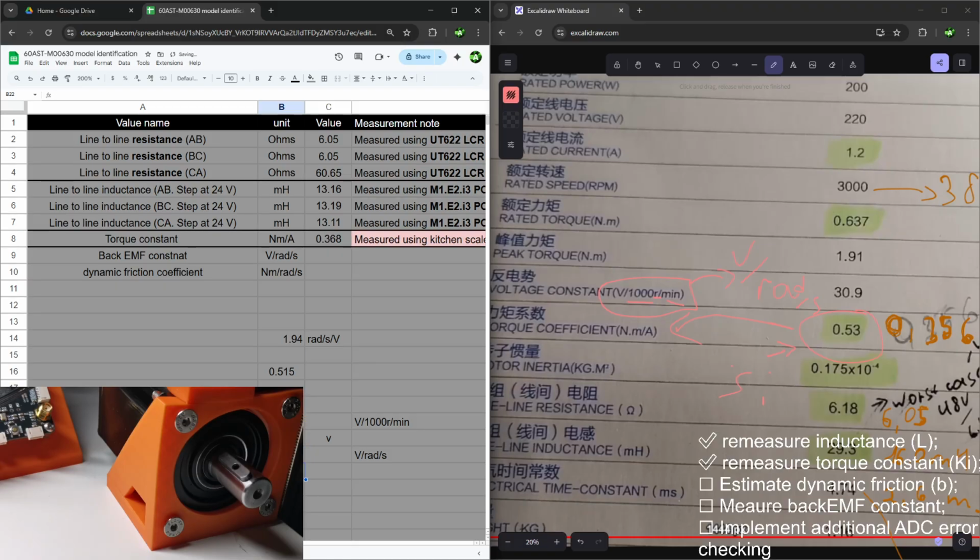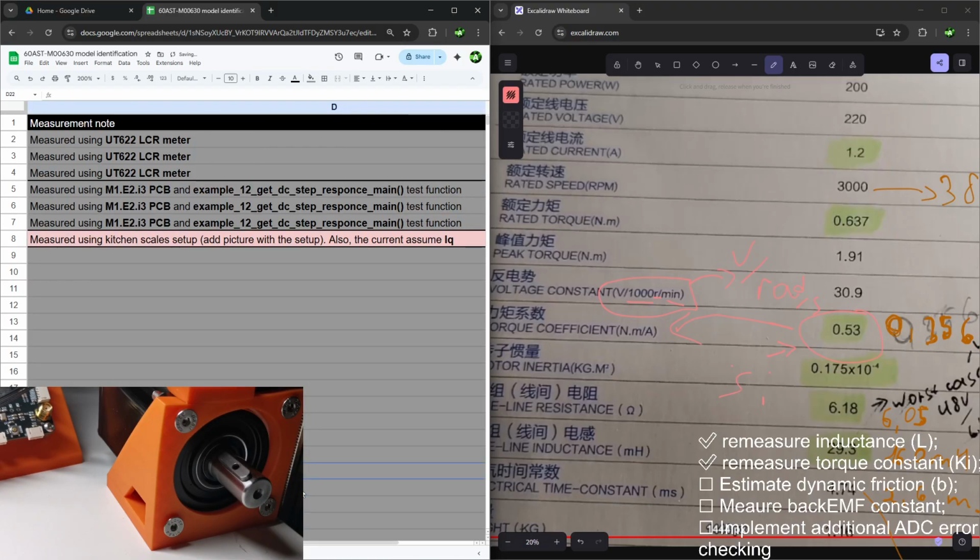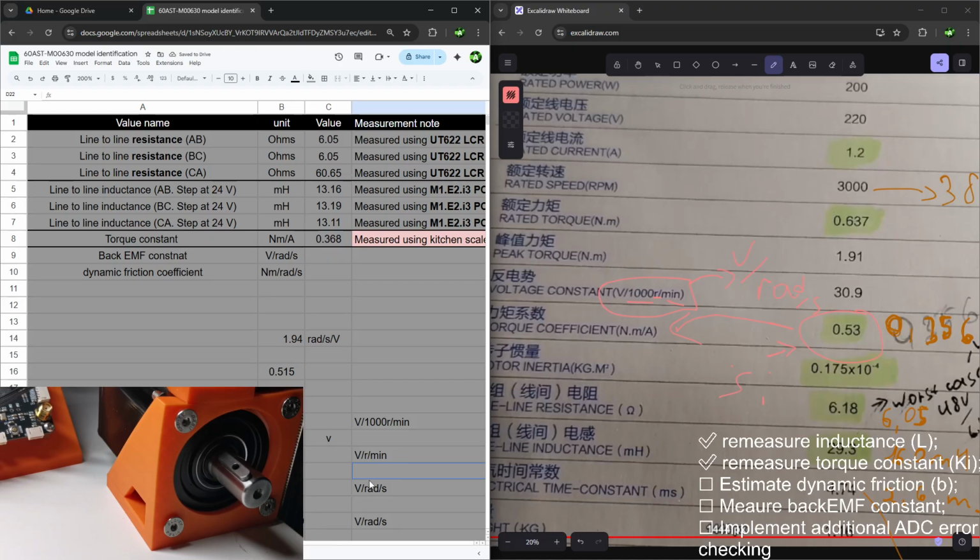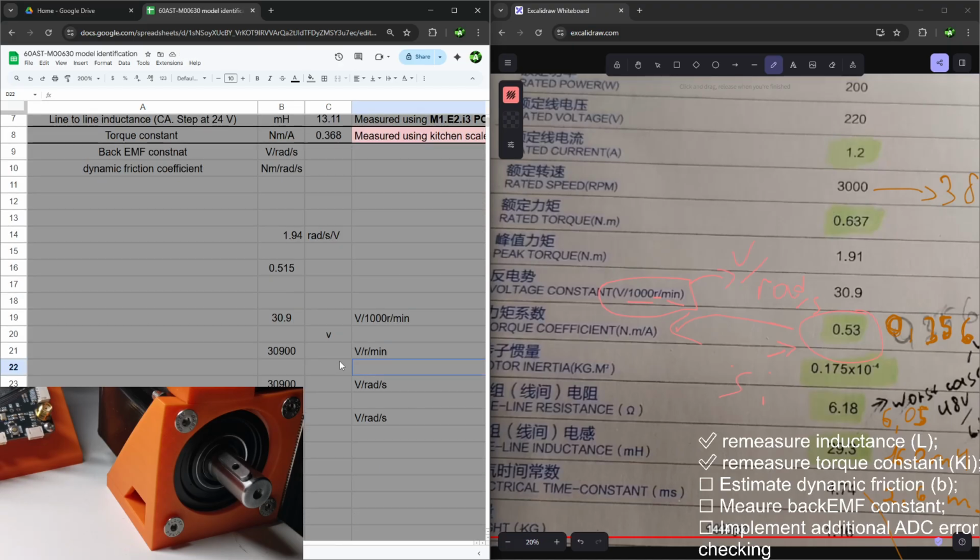Okay. Let's do it one step at a time. This is volts per revolution per minute. And now I'm confused. Should I divide or multiply at this point?